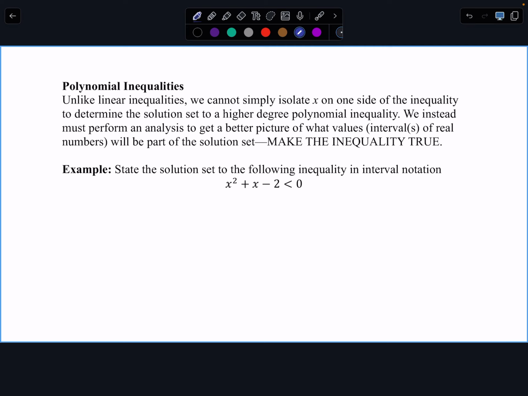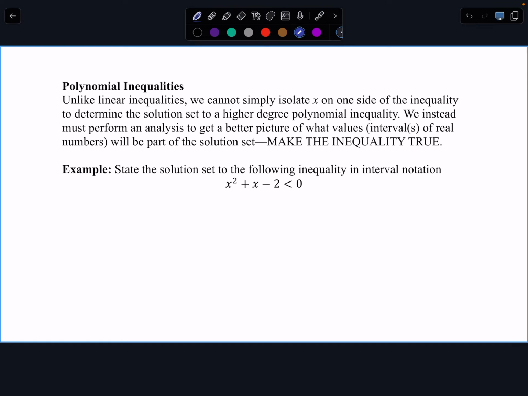So again, unlike linear inequalities, for the higher degree polynomial inequalities we can't just put x on one side of the inequality and be done. In order to determine the solution set, we must perform an analysis to get a better picture of what values or intervals of real numbers will be part of a solution set. So what values would make the inequality true.